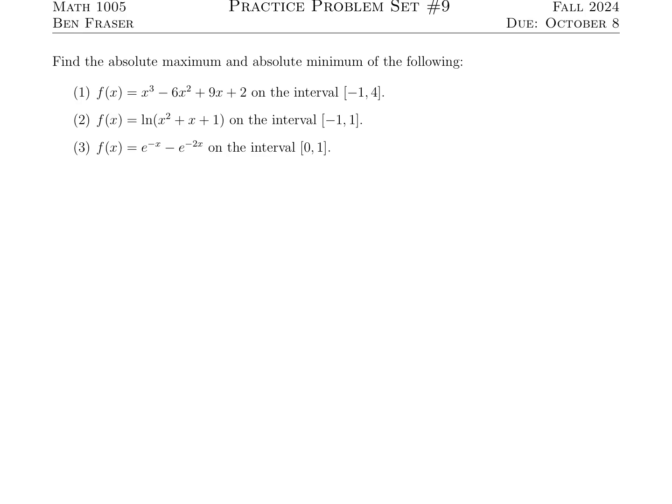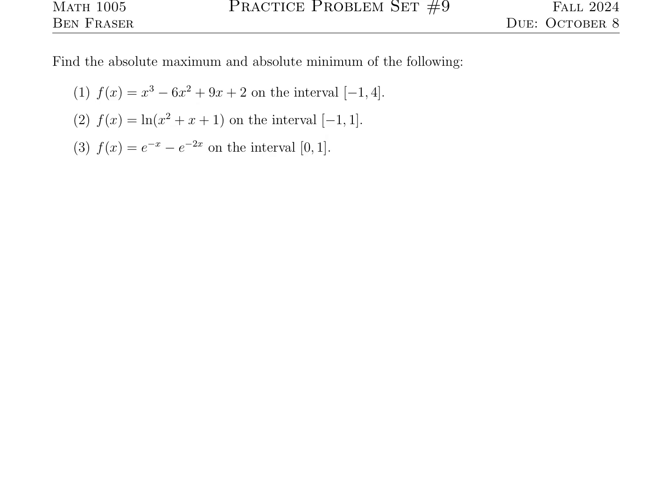Okay, the last problem set here. Each of these questions, oh, I remember this one. Each of these questions is asking us to find the absolute max or min, or both, of these functions. And so what that means, I think we've talked about this before.